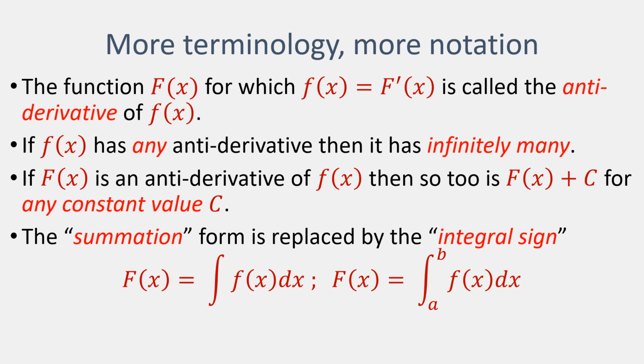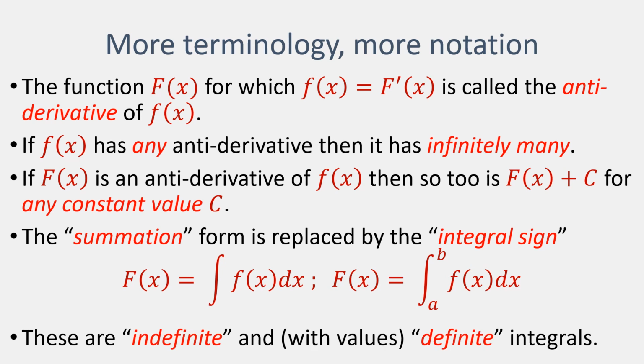We have this other form that's used, and the reason is we distinguish cases where we have a specific area that we're interested in between two values from those where we're just interested in general functional behavior. So this is called an indefinite integral. This is called a definite integral.